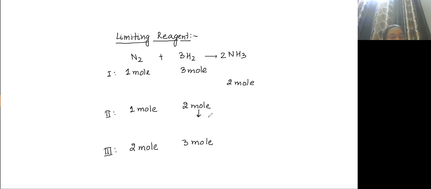So H2 will be the limiting reagent. And N2 is excess reagent. Is this clear?